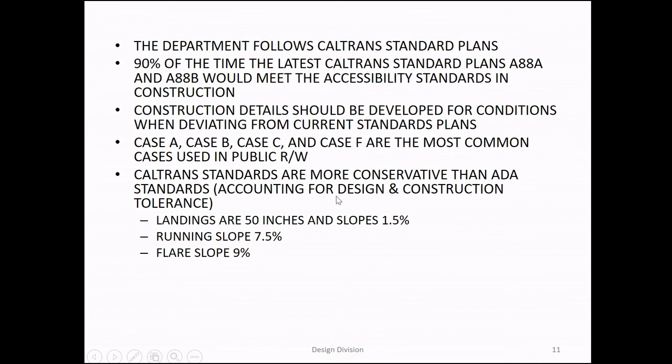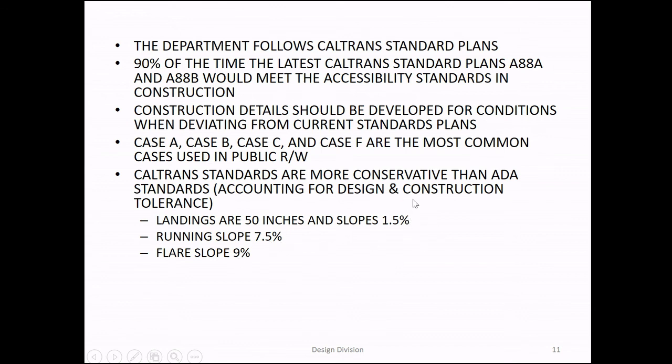Caltrans standard plans nowadays, instead of ADA accepting 2% or less, 8.33 or less, and 10% or less, because of construction tolerances, Caltrans is calling for 1.5 instead of 2%, and 7.5 instead of 8.33, and 9% instead of 10.